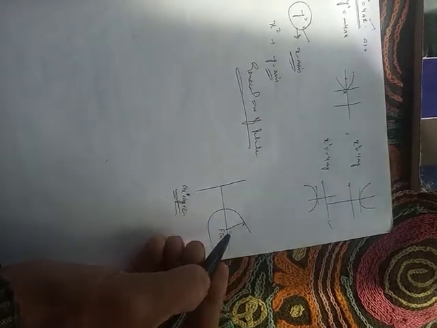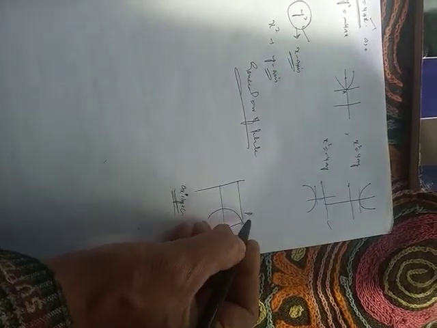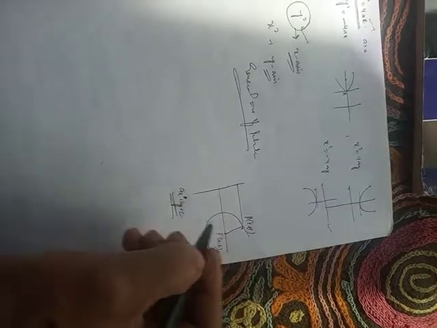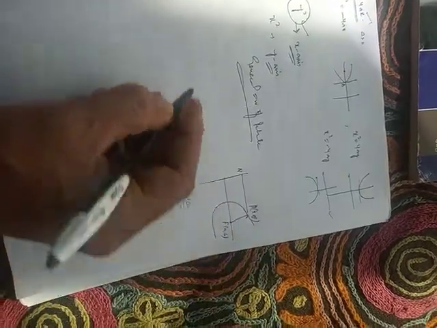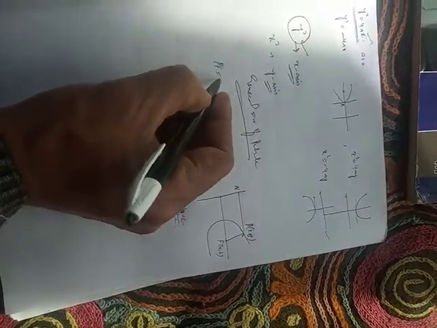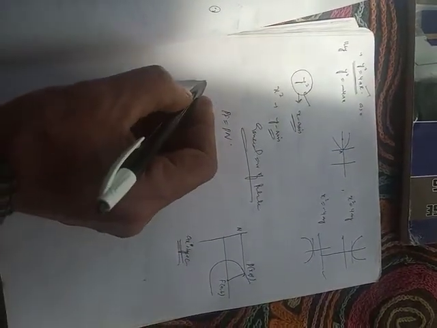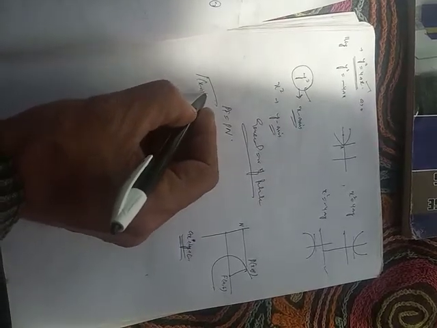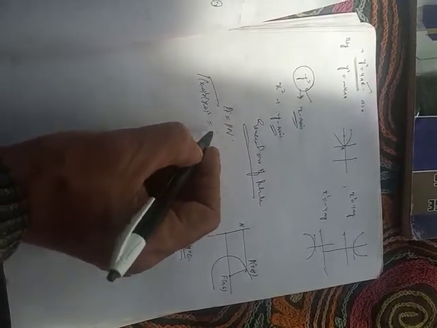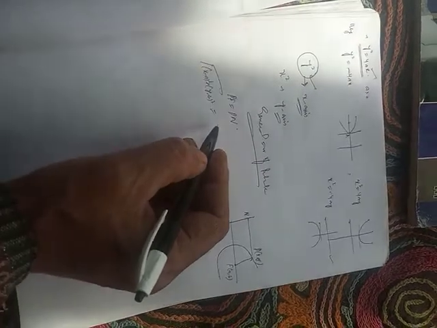Suppose, as we have done earlier, point P(x, y) be any point on the parabola. So we will likewise use PF is equal to PN. PF will be under root (x minus a) whole square plus (y minus b) whole square, is equal to PN, the distance of a straight line from a point.